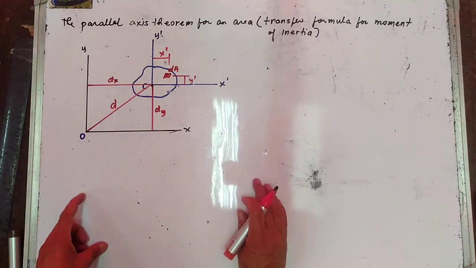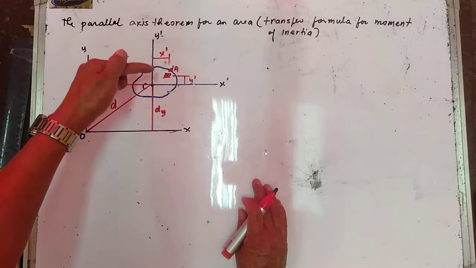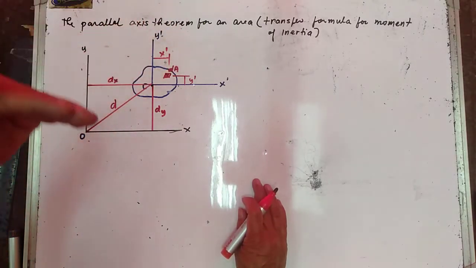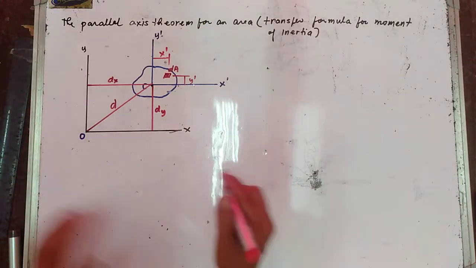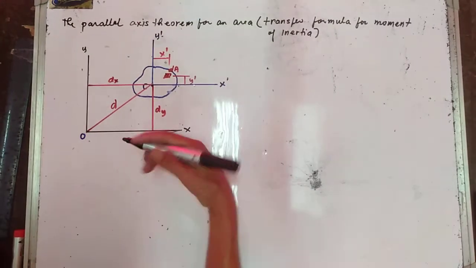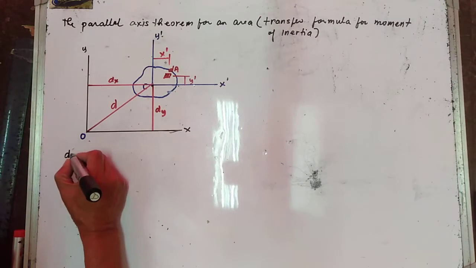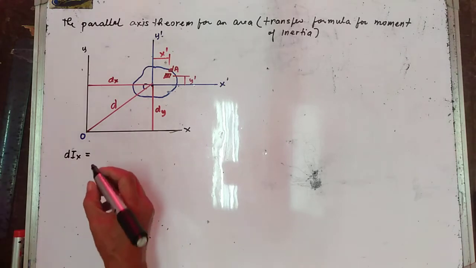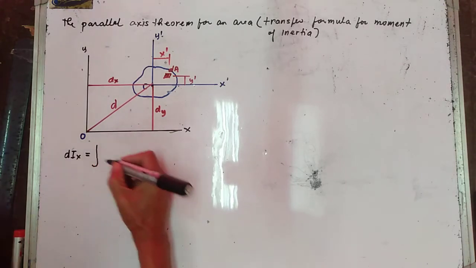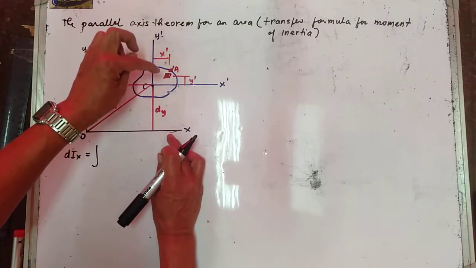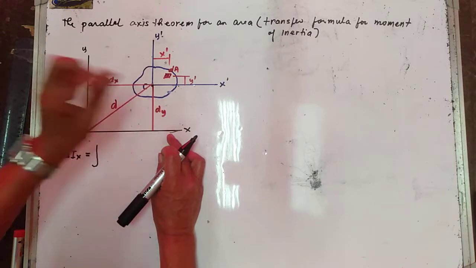So that the moment of this differential area about the x-axis is now equal to, so we have to take the second moment of the area about the x-axis. So we have your dIx is now equal to the integral of y prime plus dy. So that is the distance of the differential area from the x-axis.